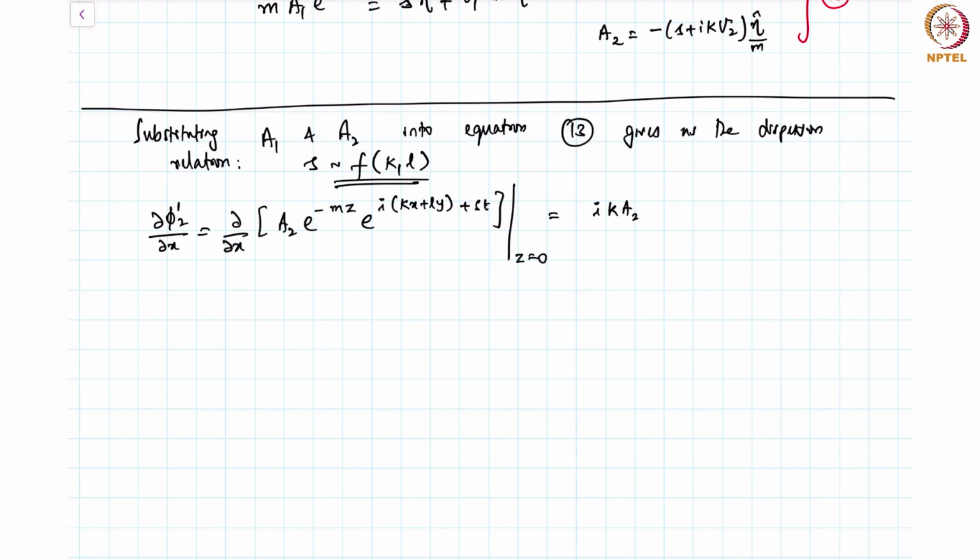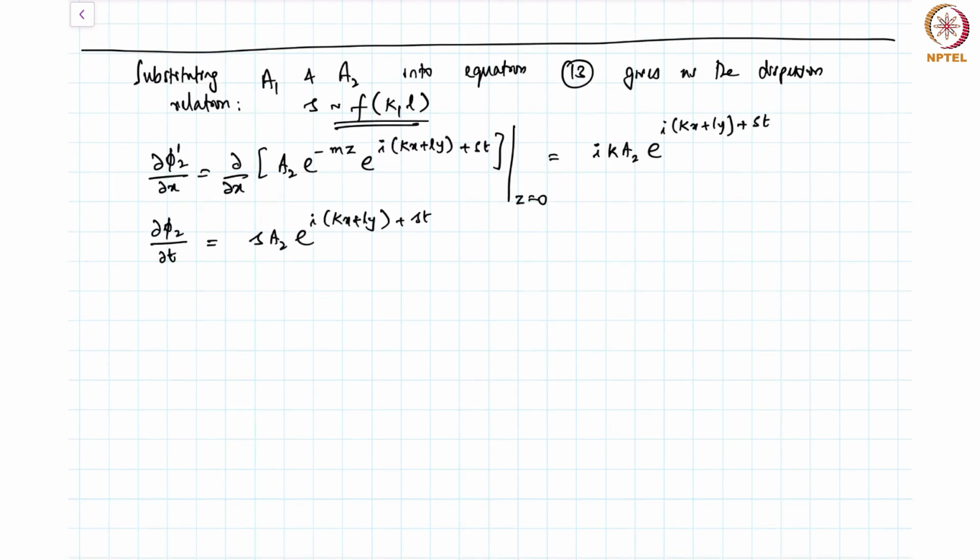The exponential of ikx simply becomes ik times the rest of the exponential terms, that is kx plus ly plus st. Similarly, we have to evaluate del phi 2 by del t, and this simply becomes s A2 e power i(kx plus ly plus st). Okay, now let's substitute in the equation.